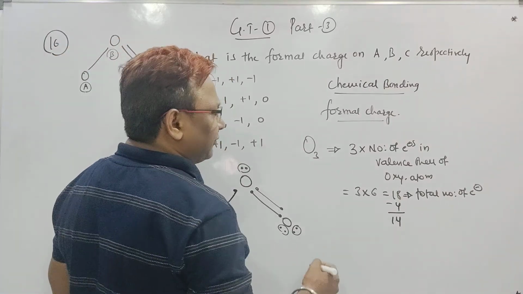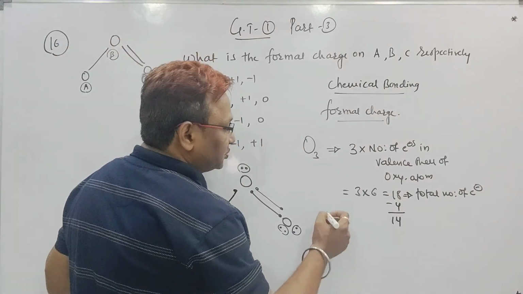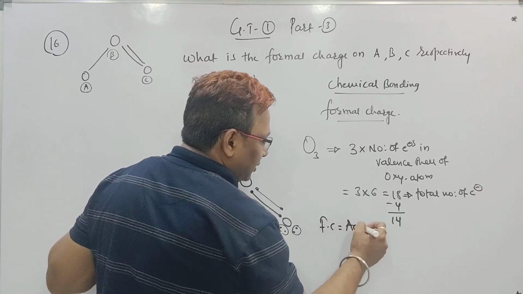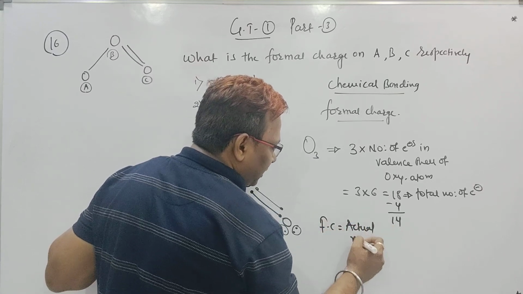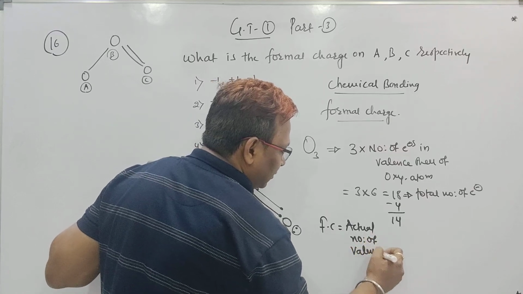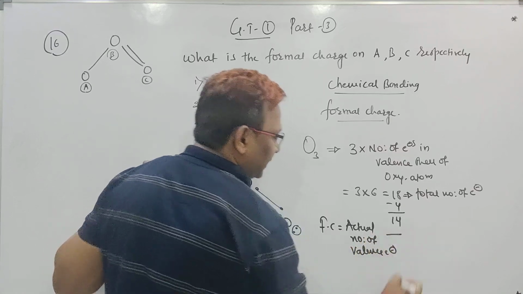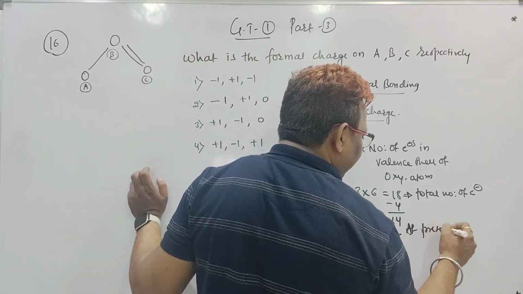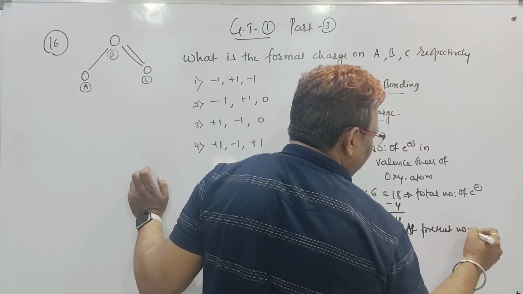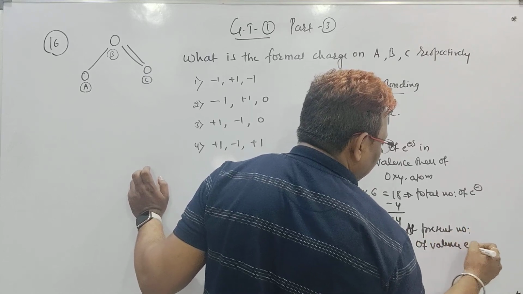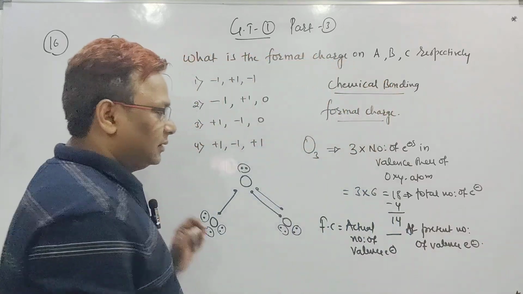Now one trick is there for formal charge, beta. Formal charge is equal to the actual number of valence electrons minus the present number of valence electrons. Is it clear, beta?